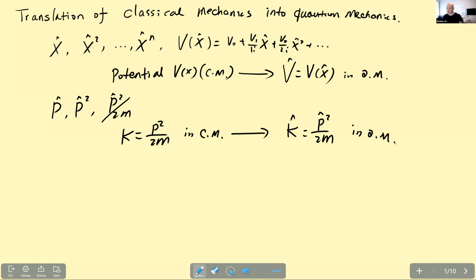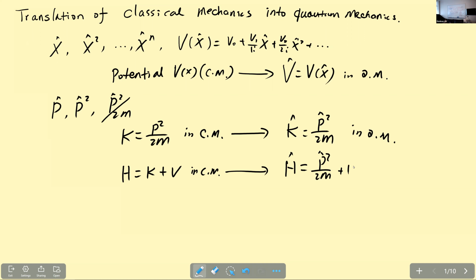And similarly, you can have the Hamiltonian, which equals K plus V in classical mechanics. You can do the translation and have the Hamiltonian. So all of this seems to be quite good. You can do the translation.